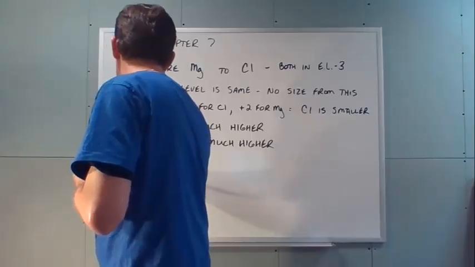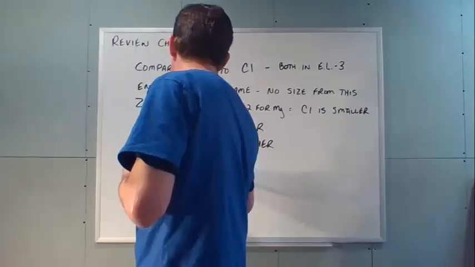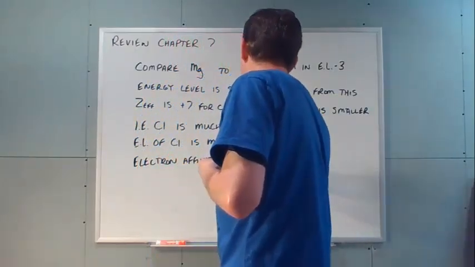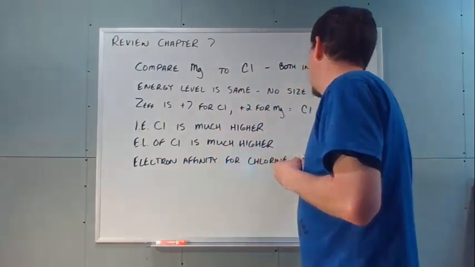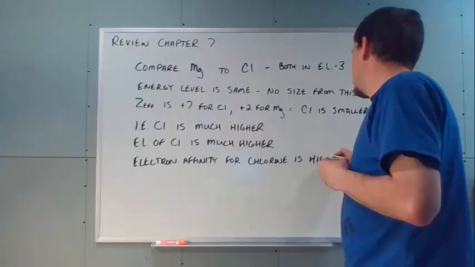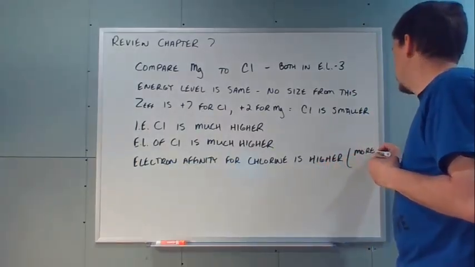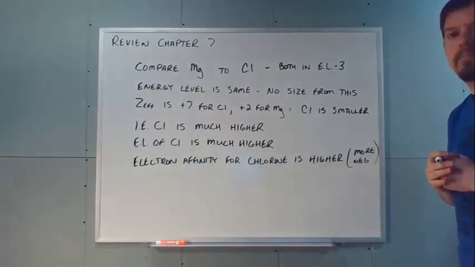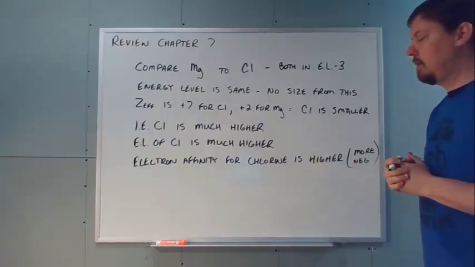It means the electron affinity is higher. Which is more negative, right? Meaning that when chlorine gains an electron, it's going to be exothermic.